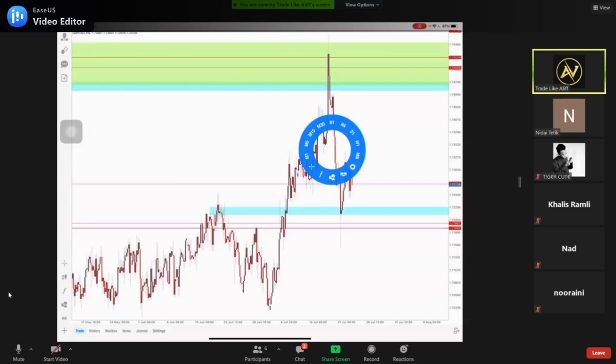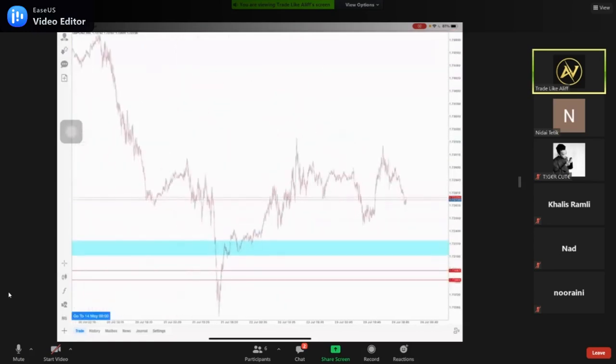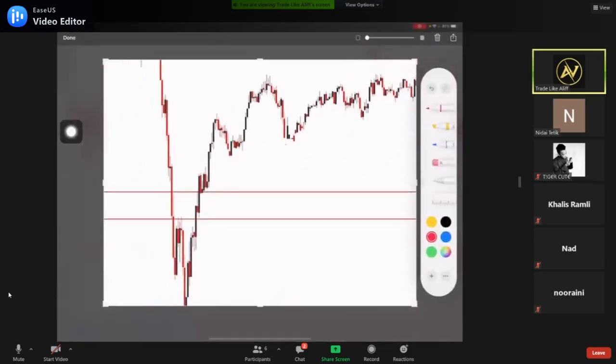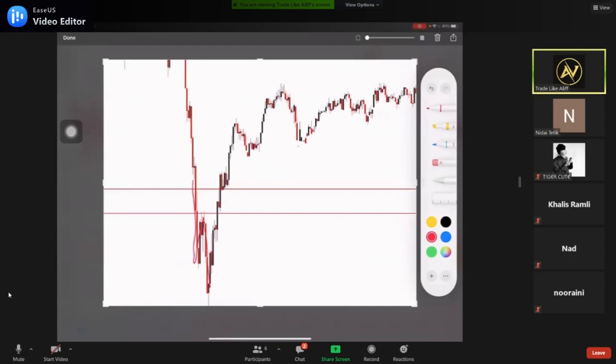But as soon as the price comes back inside here, we entry. Why? Because this is a buy setup.